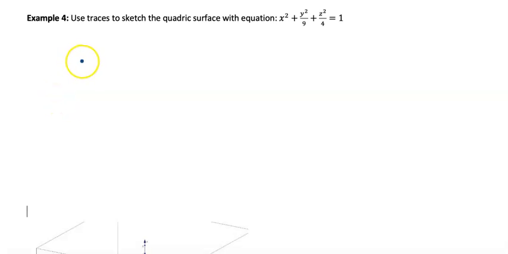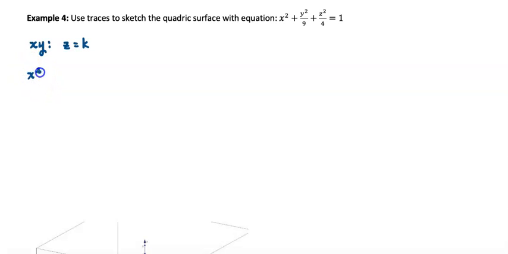Example 4. We are going to use traces to sketch the quadric surface with the following equation. So using our traces, we are looking at the xy plane. In the xy plane, z is going to be equal to 0. Actually, z can be 0, but it's going to be some k, so let's plug that into this equation.